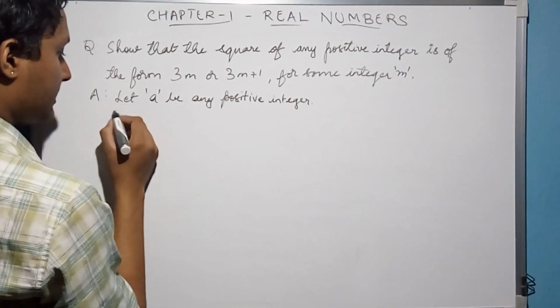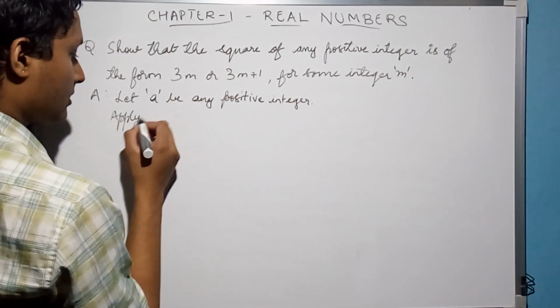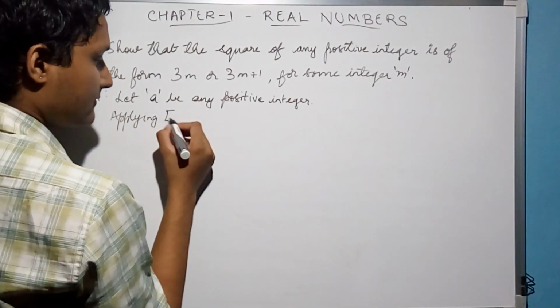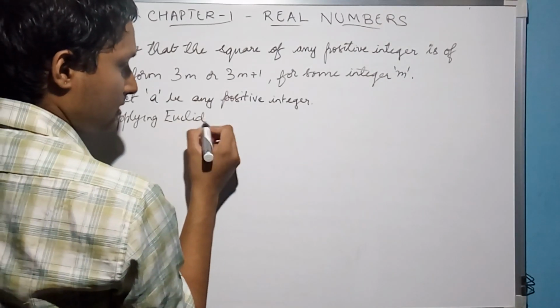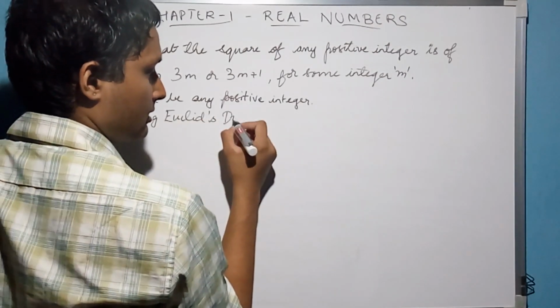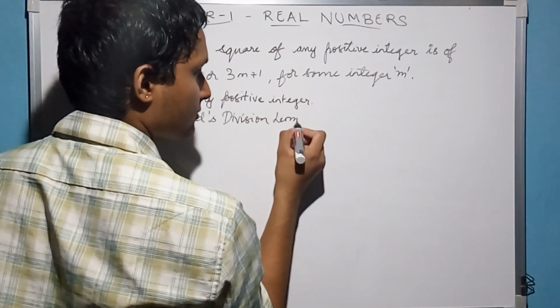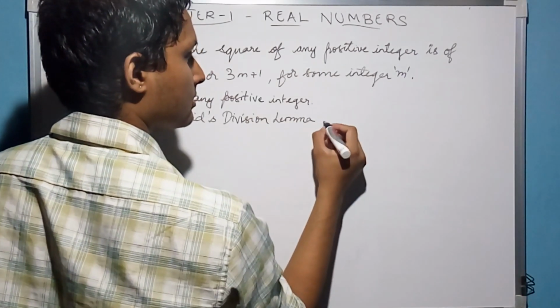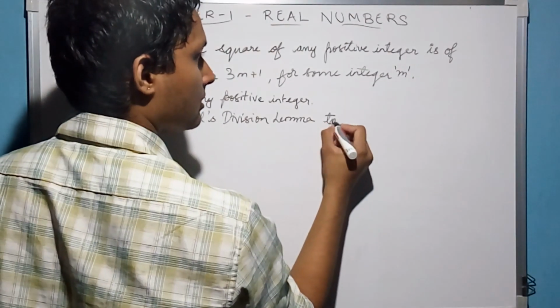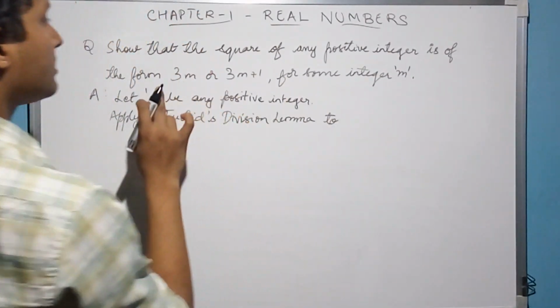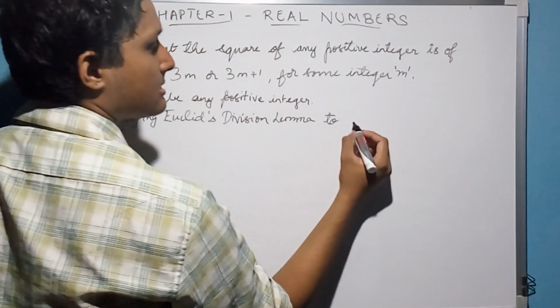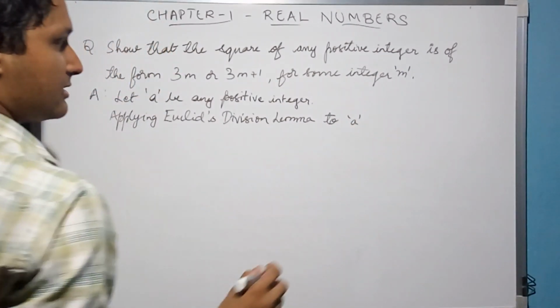Now you are going to apply Euclid's division lemma. That is what we have learned. For which two numbers? For a, and what is the other one?